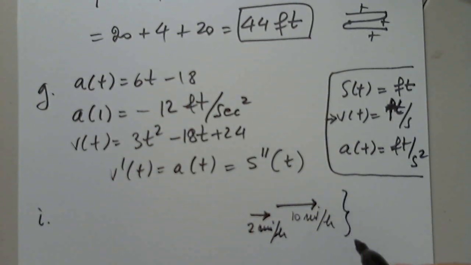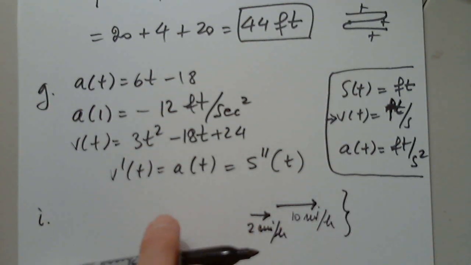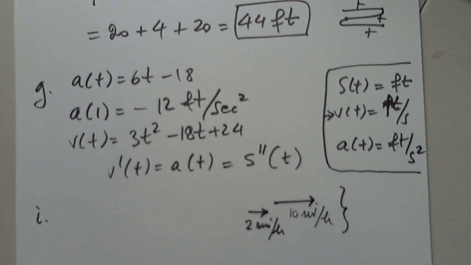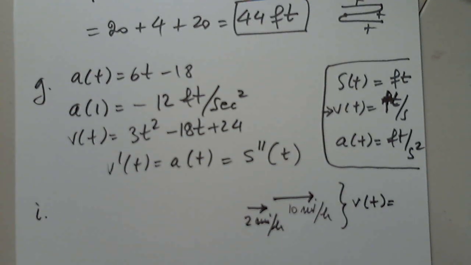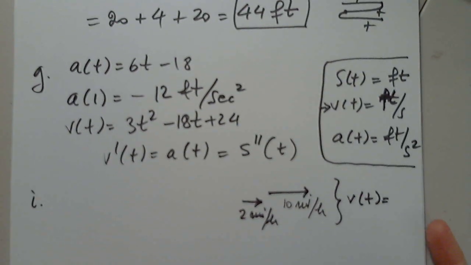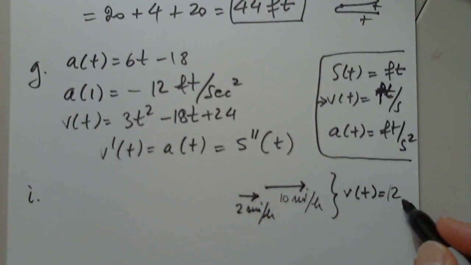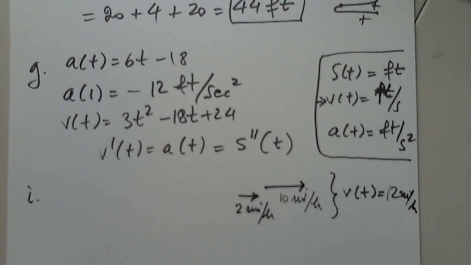What is my speed now? So what is my actual speed? 12. Yes, 12 miles per hour.